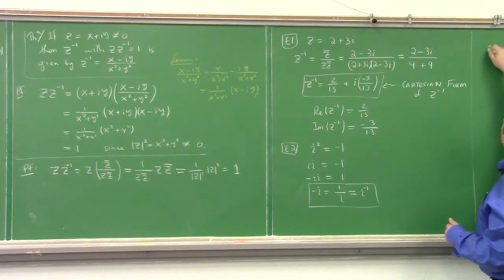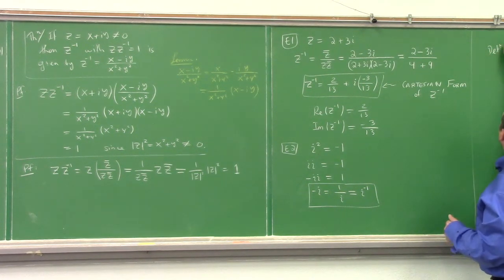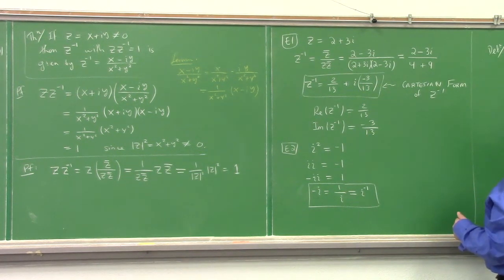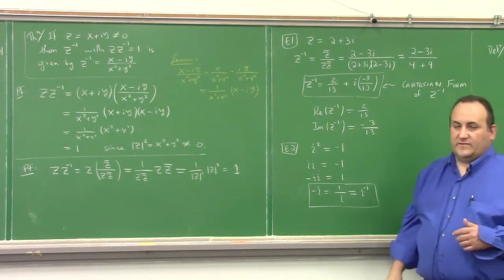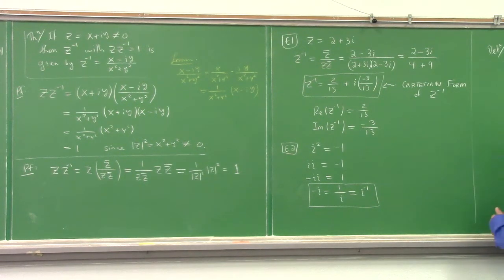All right. So definition: C cross is going to be the complex numbers with 0 removed. This is, geometrically, basically taking the complex plane and you just take 0 out of it, right? Delete 0.